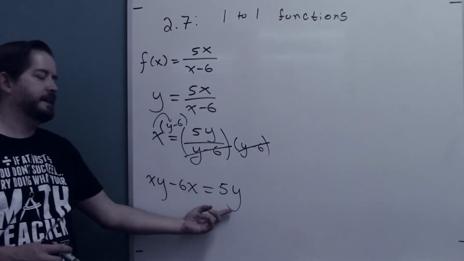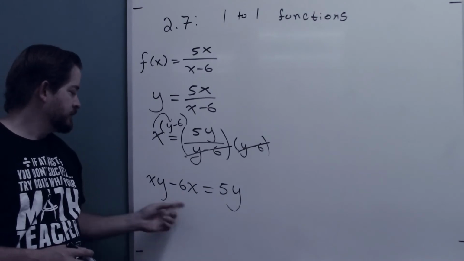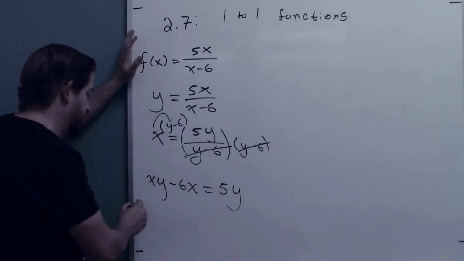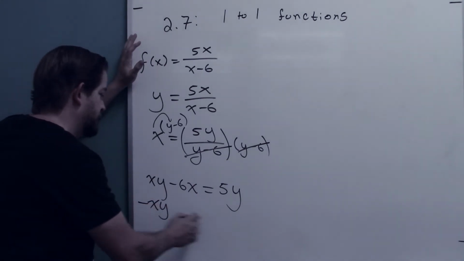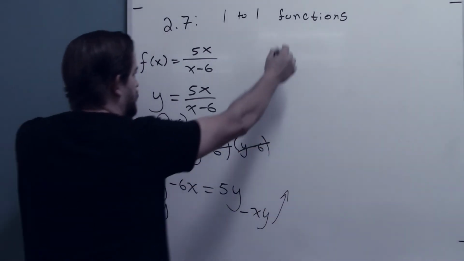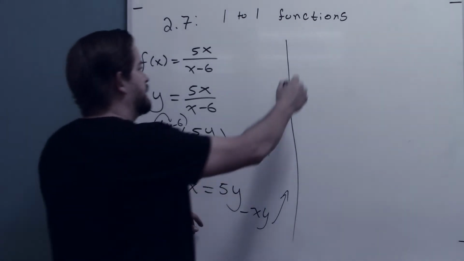Now I have two y's, but they're no longer in a numerator-denominator situation here. So what I'm going to do is take the xy and subtract it over to the right-hand side. Get all of my y terms on one side. And so I have negative 6x left on the left-hand side.